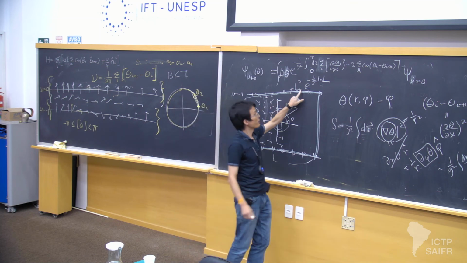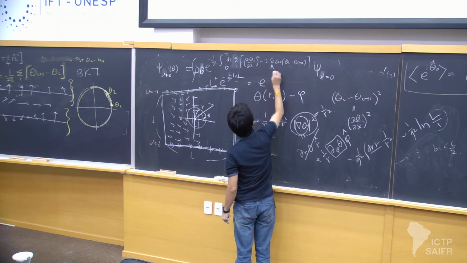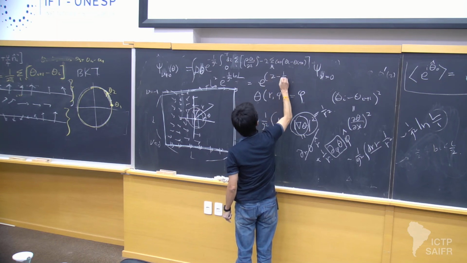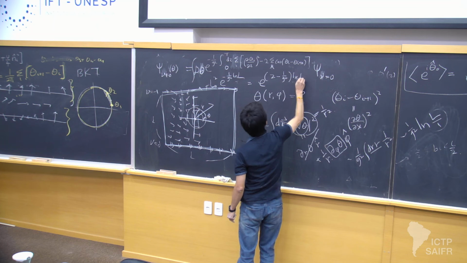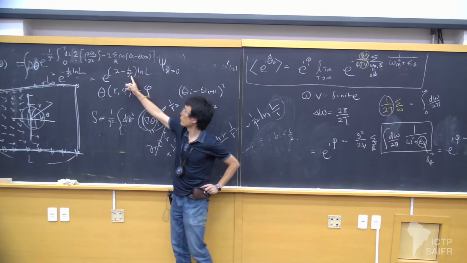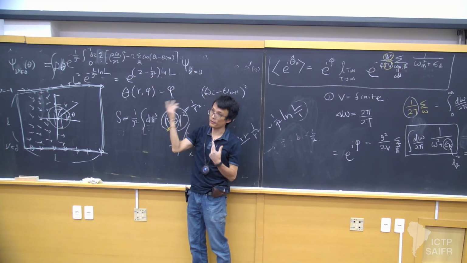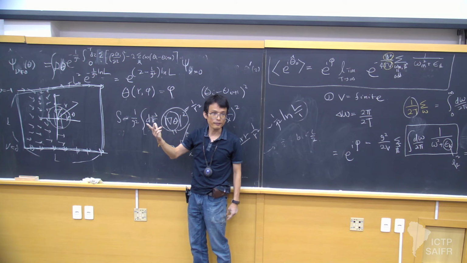And then this quantity, I can write this as e to the 2 minus 1 over g squared log L. And depending on the value of g, this quantity may diverge or not.